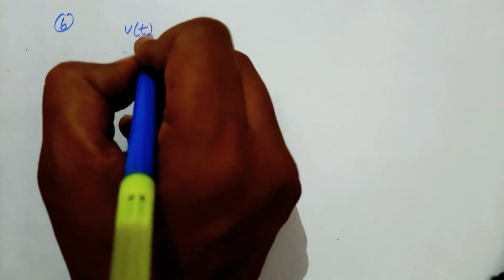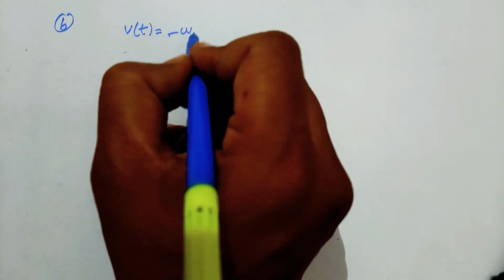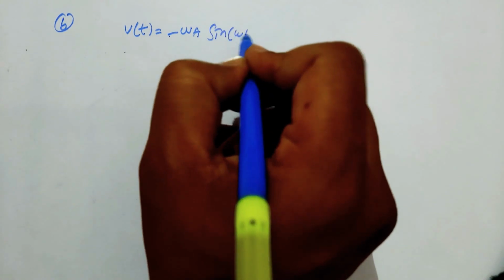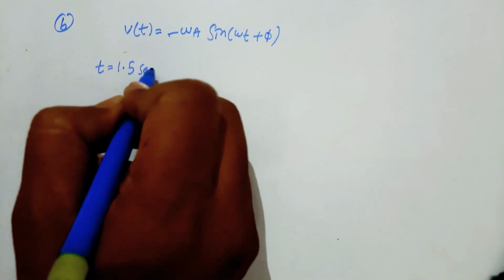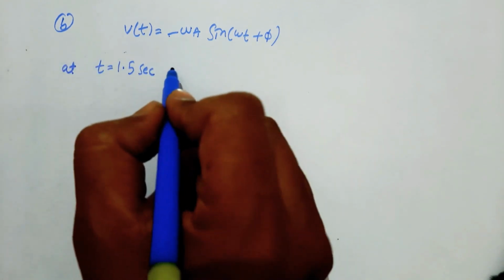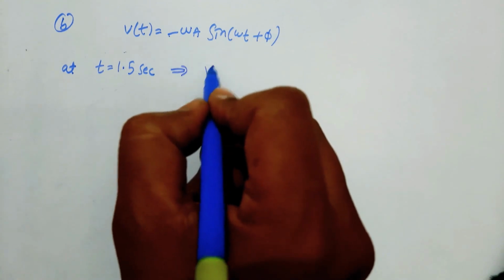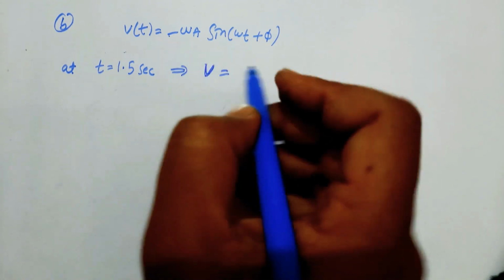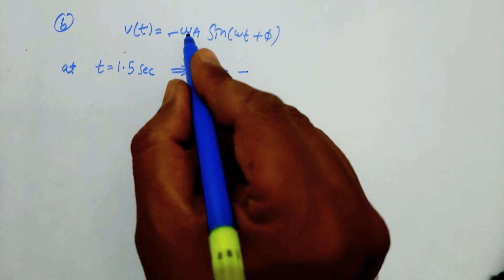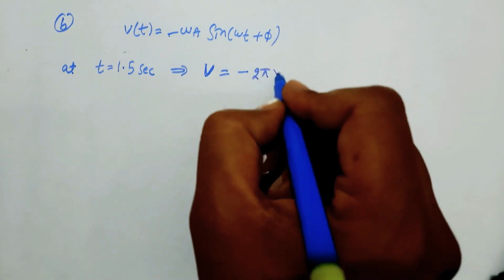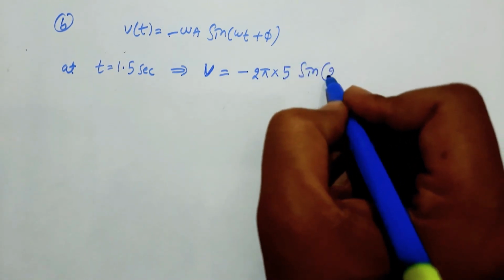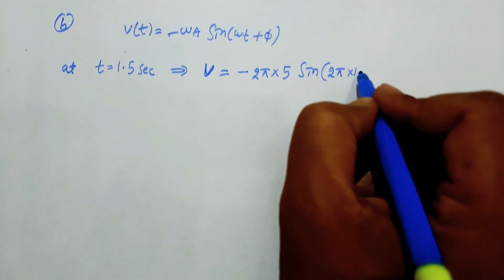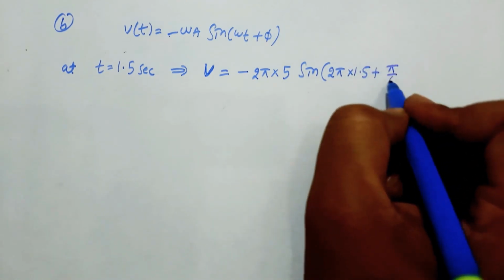See the second one. Here v of t is equal to minus omega A sin of omega t plus phi, at time t is equal to 1.5 seconds. What is v? Here v is equal to minus omega, which is 2 pi, times amplitude A which is 5, times sin of 2 pi into t, which is 1.5, plus pi by 4.